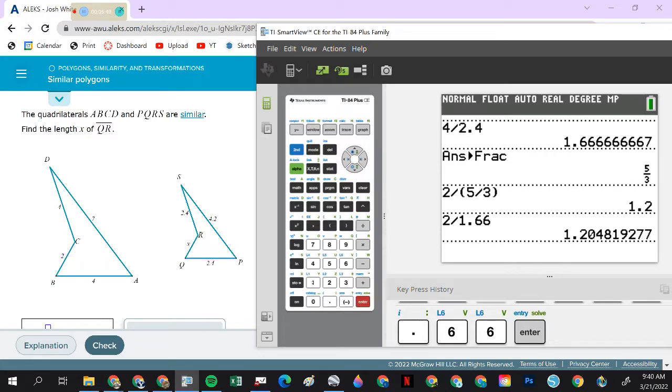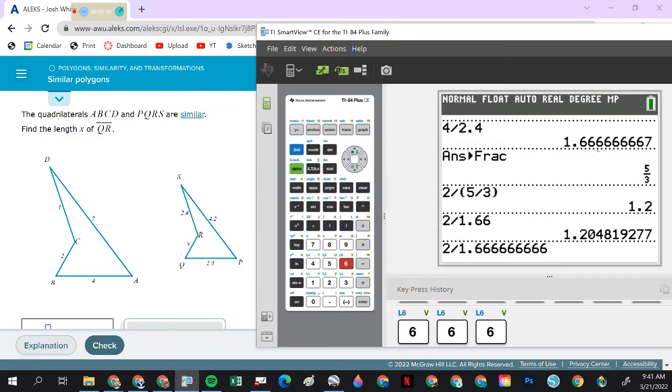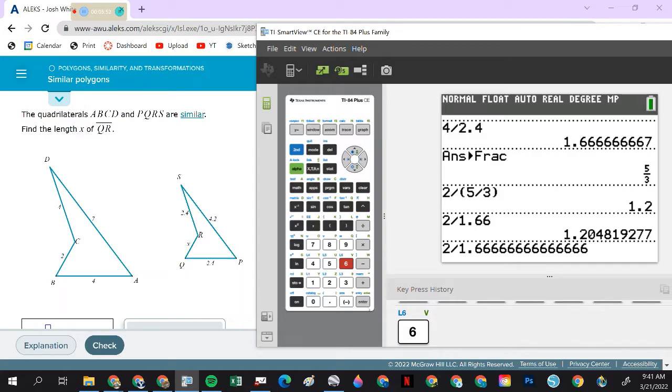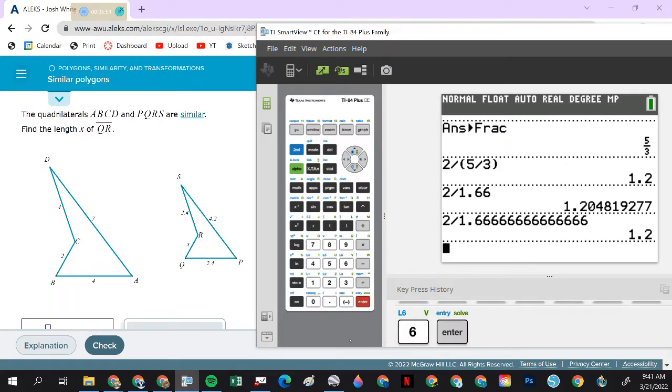But if you did 2 divided by 1 point and a whole bunch of 6s, at least this many 6s or more, then the calculator is going to give you 1.2. So it's just kind of a little trick. If you fill the screen with 6s, then you will get the right answer. Does that make sense? Do you need to see any more of those? No? Okay.